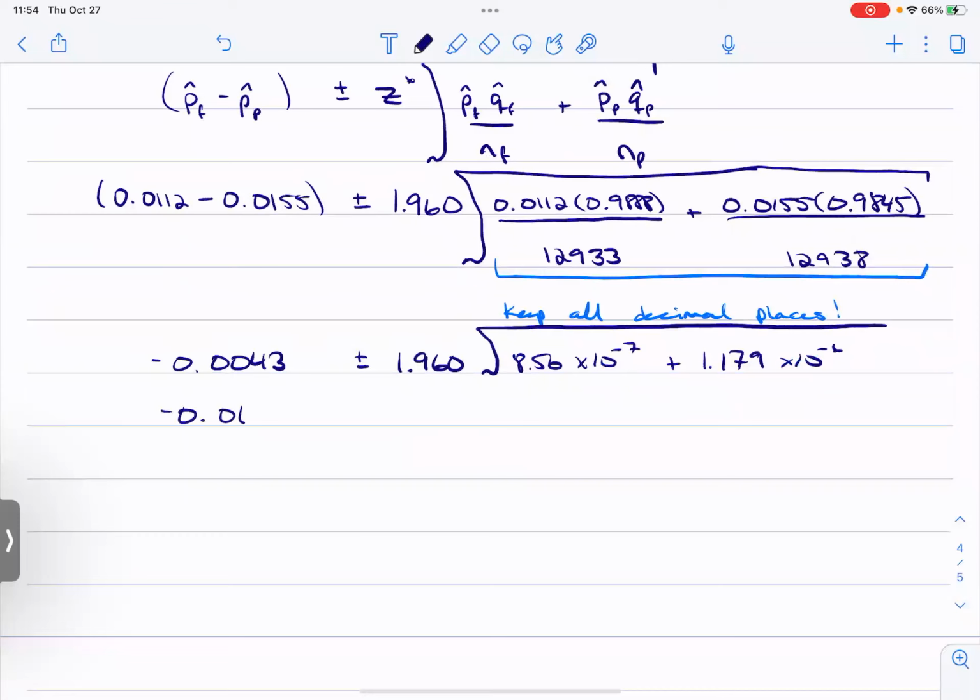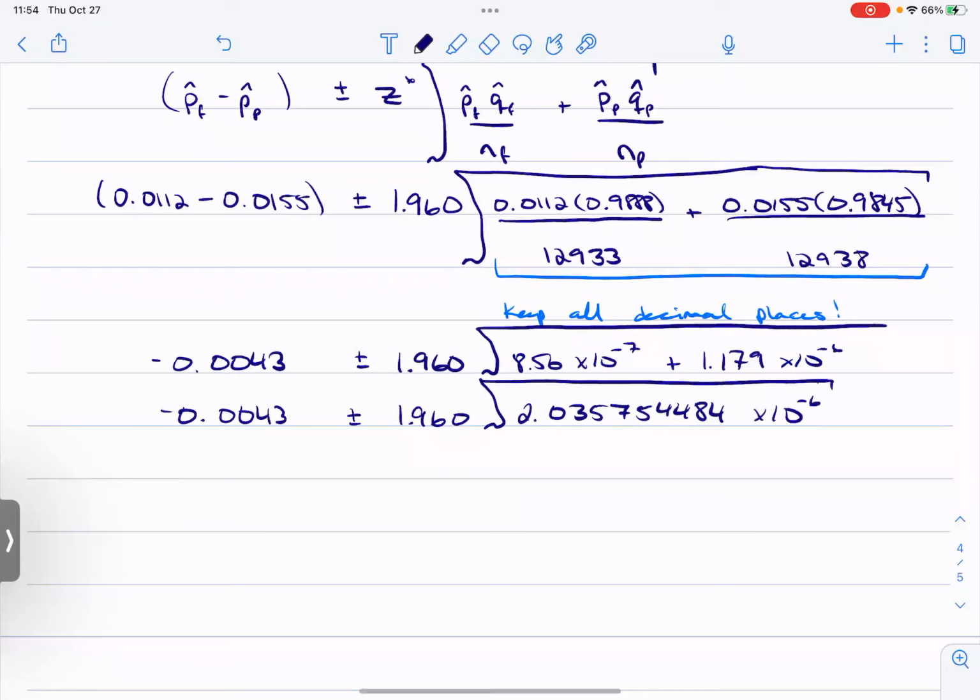So then 0.0043 plus minus 1.960 times the square root of 2.0357544484 times 10 to the negative 6. Don't forget the square root.